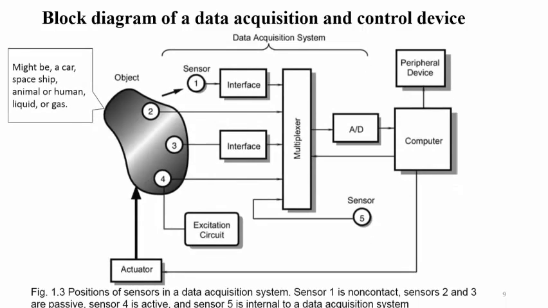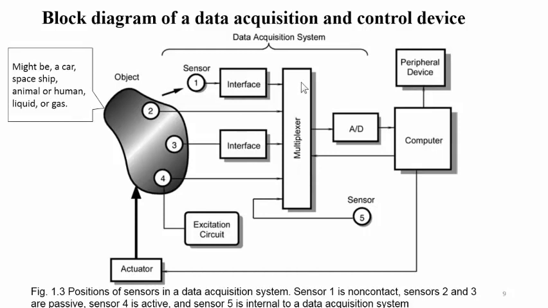Now we will move towards the basic or simple working principle of the data acquisition and control device, or simply the data acquisition system. In this diagram we can see that the data acquisition system consists of a central module, that is the multiplexer, which is responsible to take the information from the object.